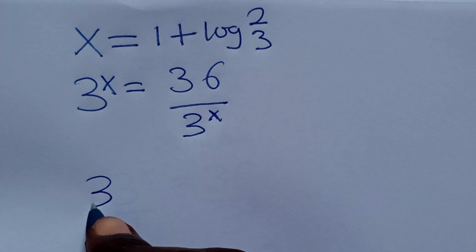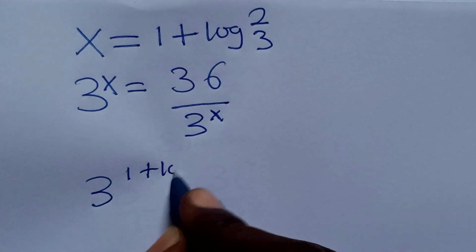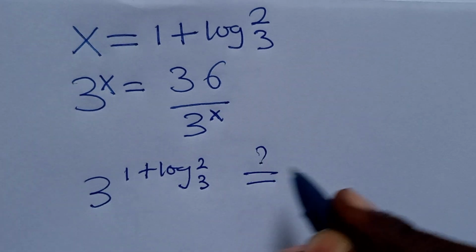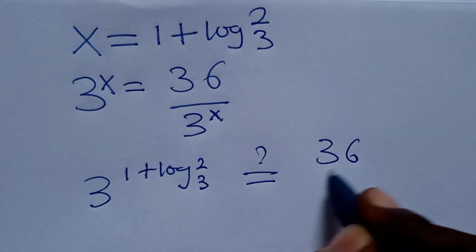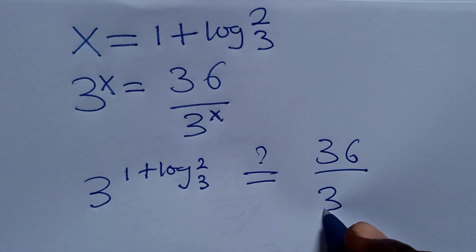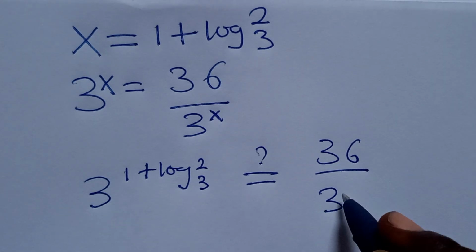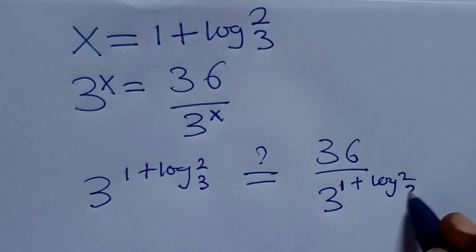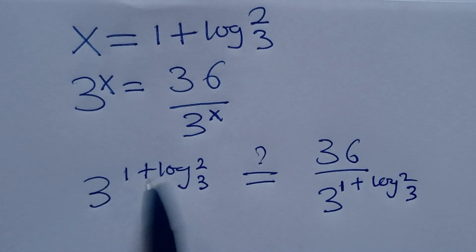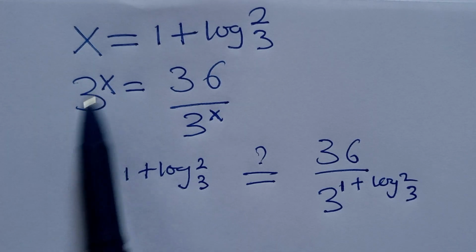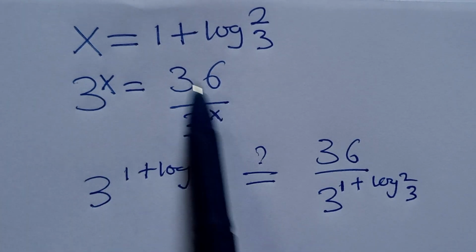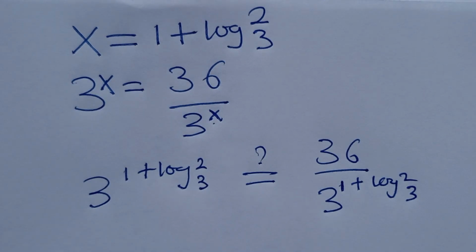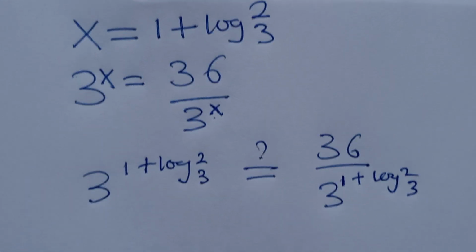So now, is 3 to the power of 1 plus log 2 base 3 equal to 36 divided by 3 to the power of 1 plus log 2 base 3? So we have substituted the value of our x here. Let's simplify this and see if we will get the right answer.